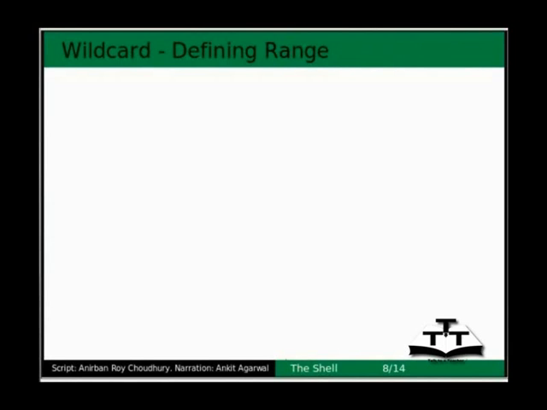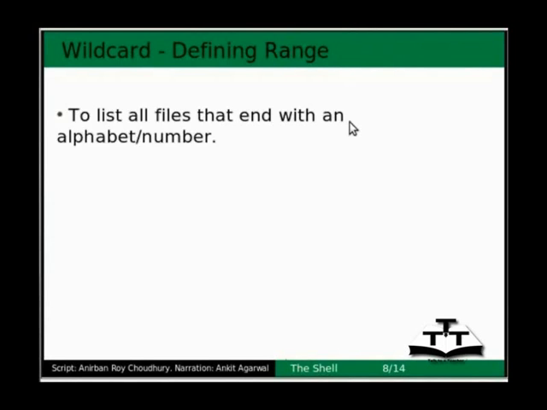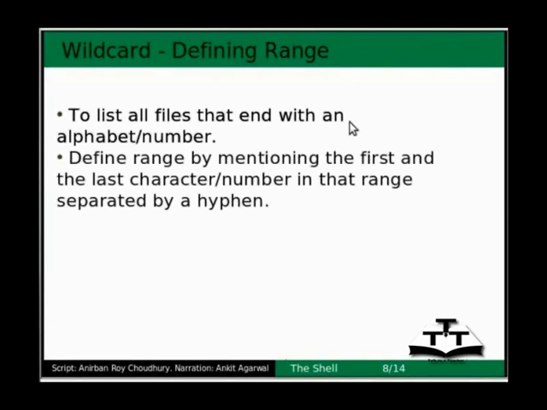What if we have to list all files that end with an alphabet? So what we can do is give a range of characters by mentioning the first and the last character in that range separated by a hyphen. Say for all small letters we can write small a hyphen small z.